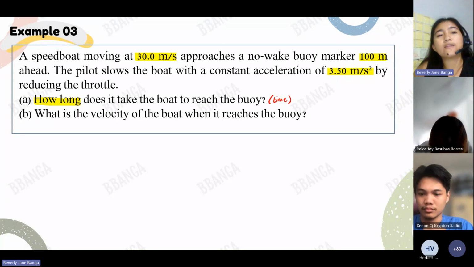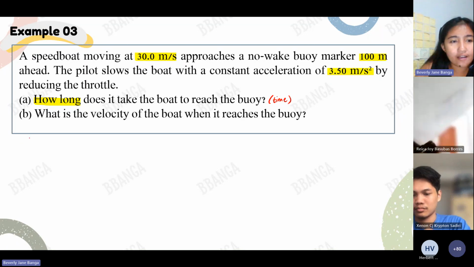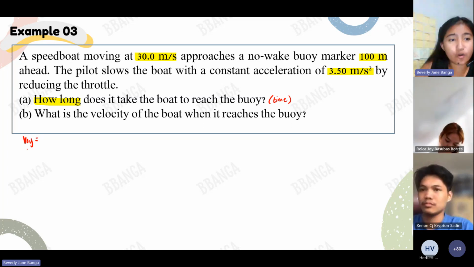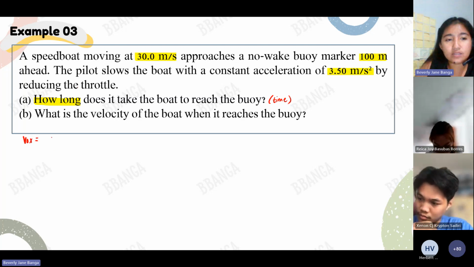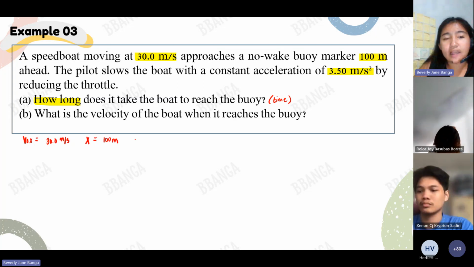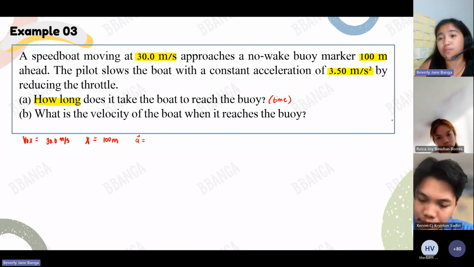So kung isusulat natin yung mga given and yung hinahanap natin, we have VOX, kasi nasa X pa tayo. So, VOX, initial speed of the boat is 30 meter per second. And then we have a final position, which is 100 meters. And then we have the acceleration, which is, ano ang acceleration ng boat natin?